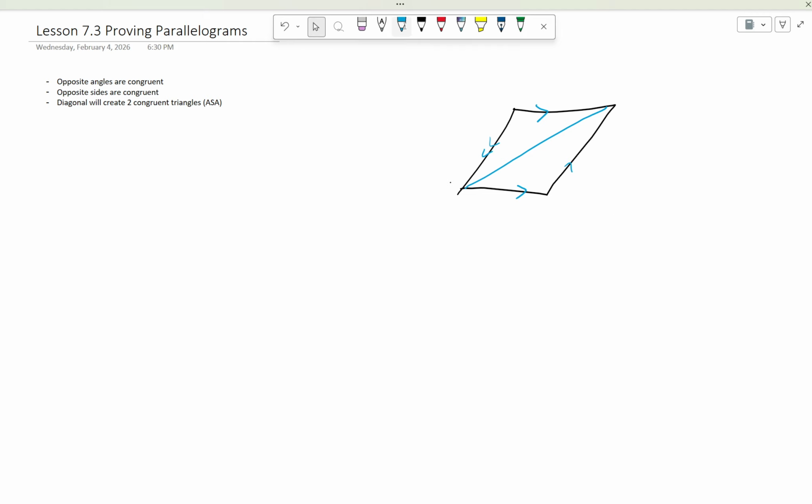This diagonal is going to serve as a reflexive side. Moreover, I'm going to have this angle congruent with this angle because those are alternate interior angles, and also the same thing here. So there we have it: angle side angle, which creates the two congruent triangles.